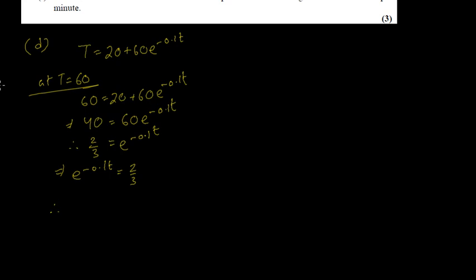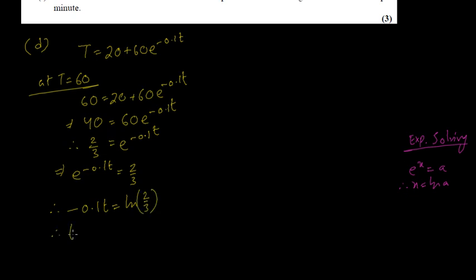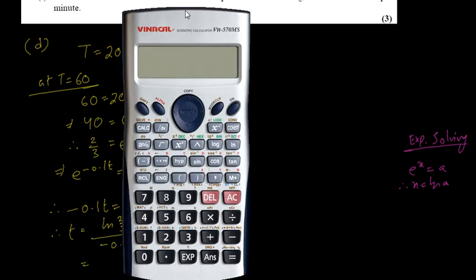And this is the formula. You need to remember the formula for exponential solving. If you have e to the power x equals a, then x equals ln a. So this one is going to be minus 0.1t equals ln of 2 by 3. So therefore t equals ln of 2 by 3 divided by minus 0.1, and let's bring out our calculator.